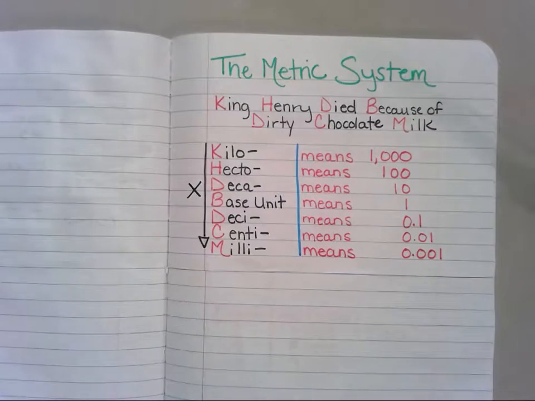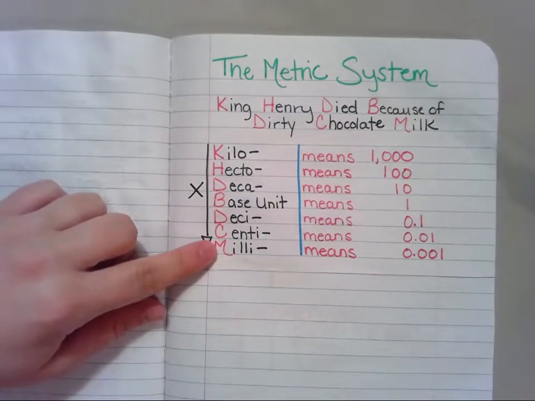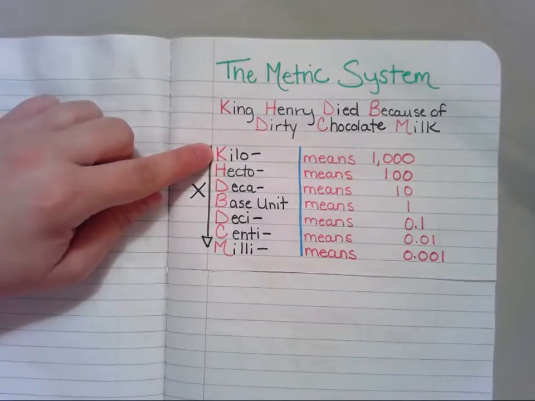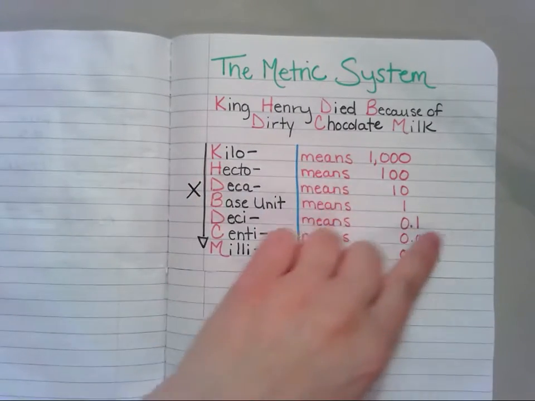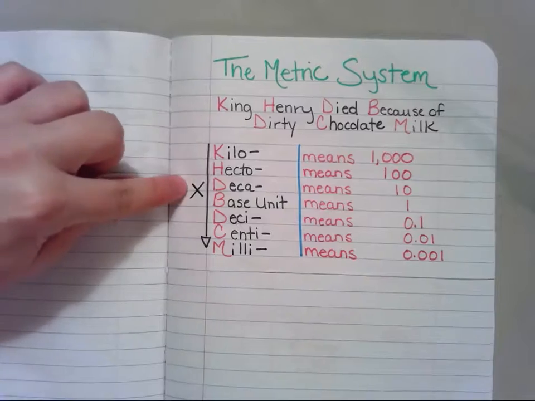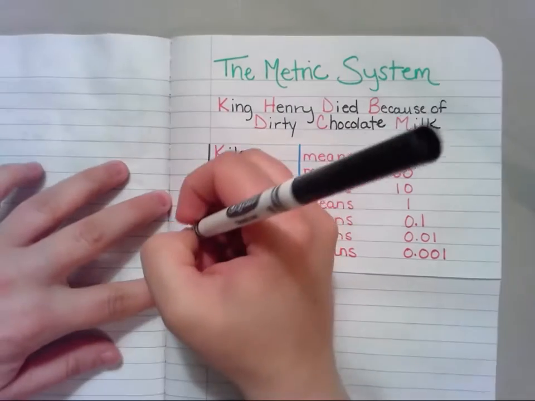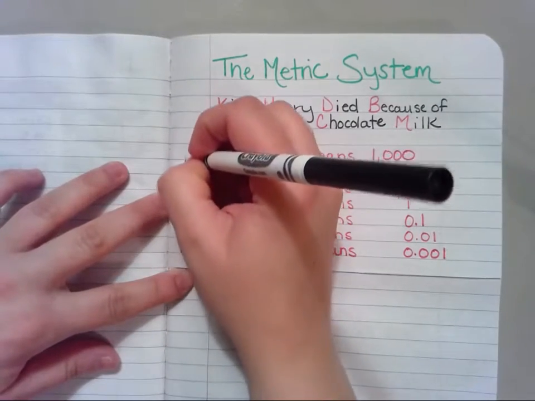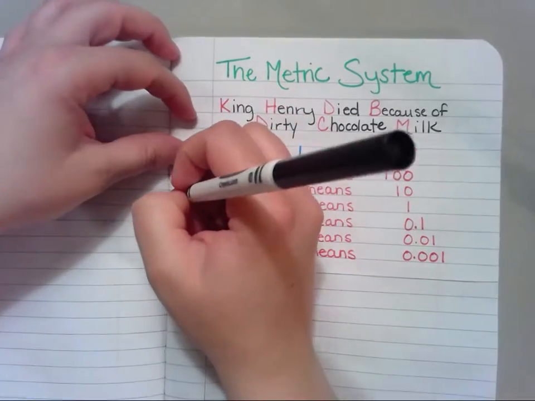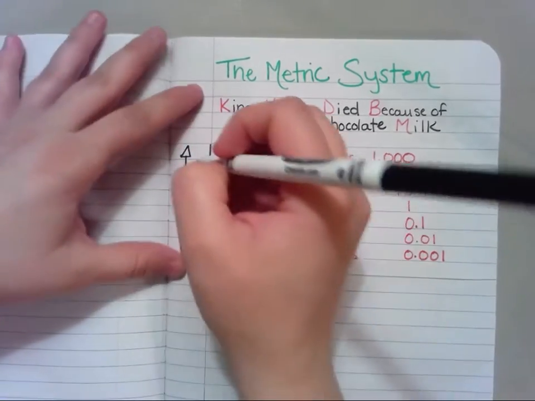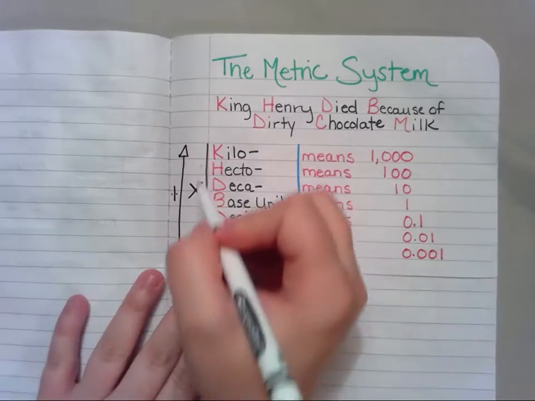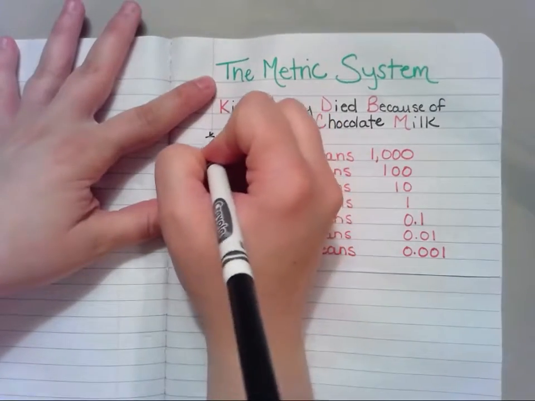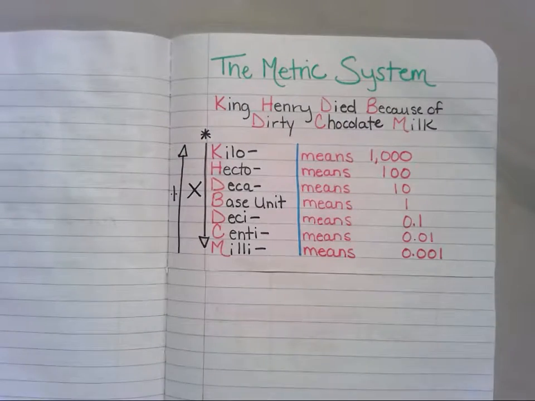In 5th grade, you will learn how to go from a smaller unit up to a bigger unit, and to do that, everything over here is the same, but you divide. Okay, we are going to go from bigger to smaller, which means we are multiplying.